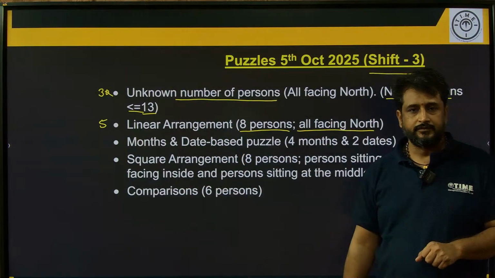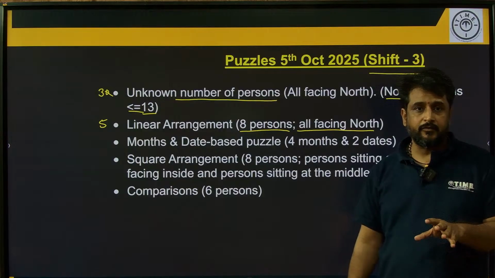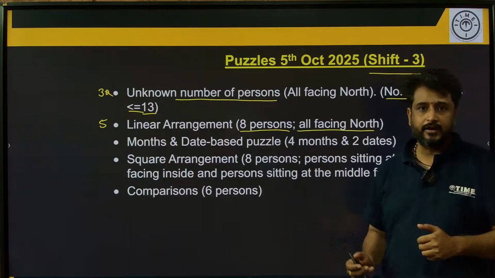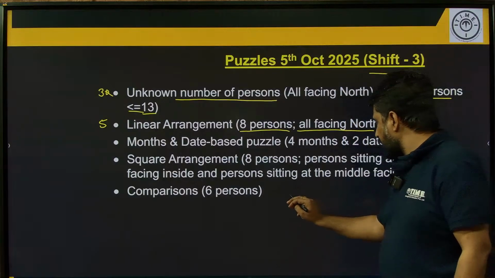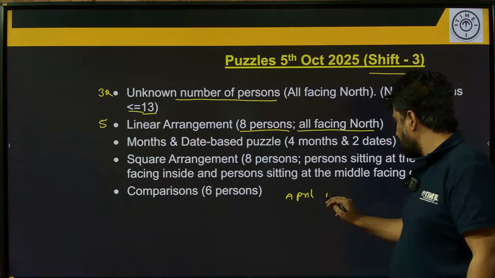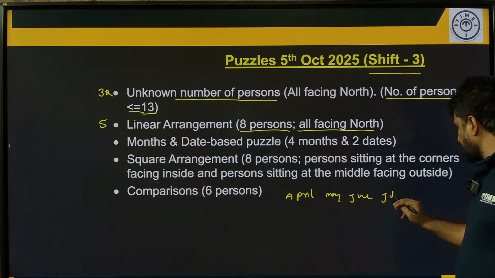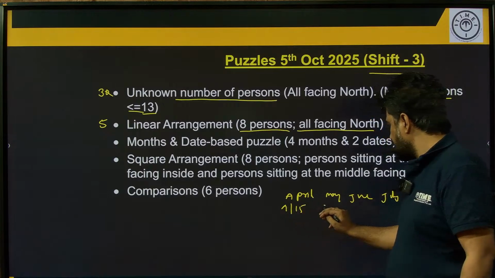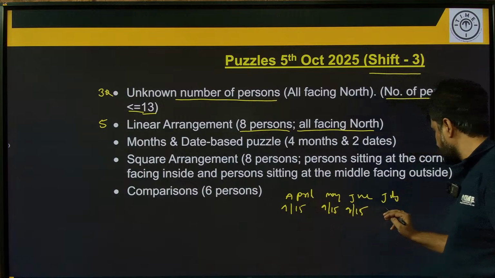8 persons were born in 4 different months and on 2 different dates. Birth dates are given. Let us take randomly how the structure would be. April, May, June, July, and 2 dates were given, 9th and 15th.